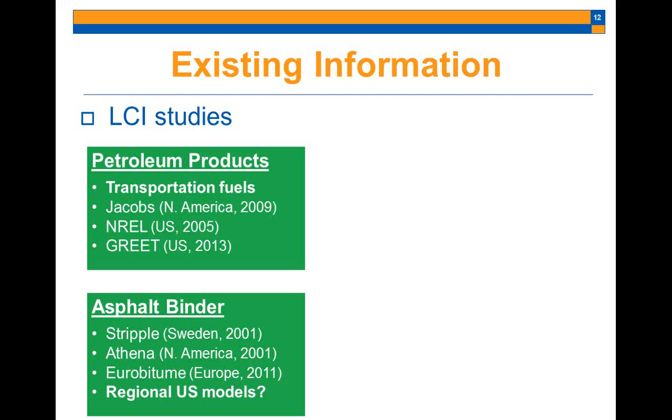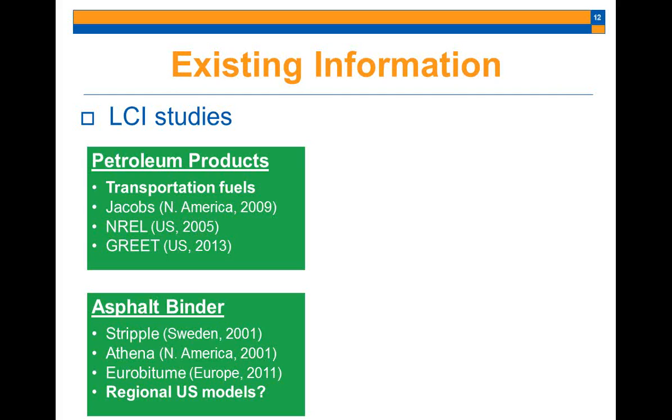A lot of these are performed in general for petroleum products, specifically transportation fuels like diesel, gasoline, jet fuel, because these are really big contributors in our transportation system for vehicles. So there have been studies conducted to figure out the global warming potential that is required to produce gasoline, diesel, jet fuel. For asphalt binder, there have actually been some specific studies that have been done to collect LCI data.